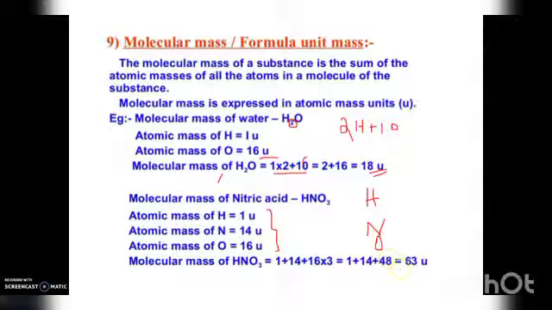If we take the total, we get 63 unified mass. So it is known as molecular mass. The molecular mass of a substance is the sum of the atomic masses of all the atoms in a molecule. We have to consider all the atoms. Similarly, if we know the atomic masses, we can calculate the molecular mass of different compounds.